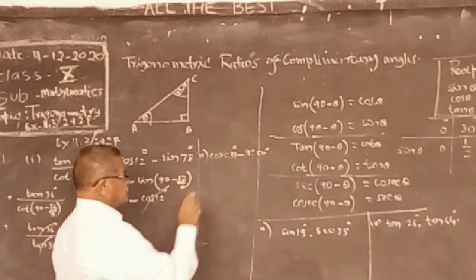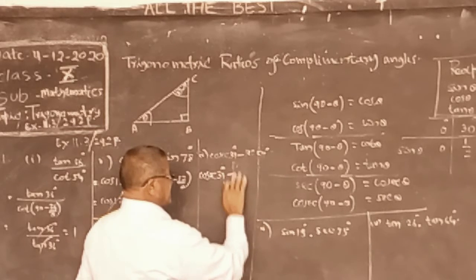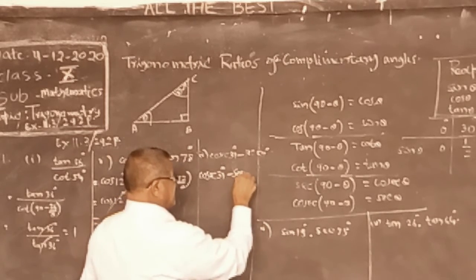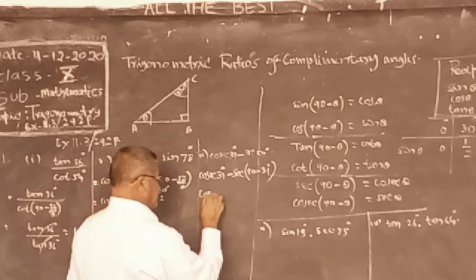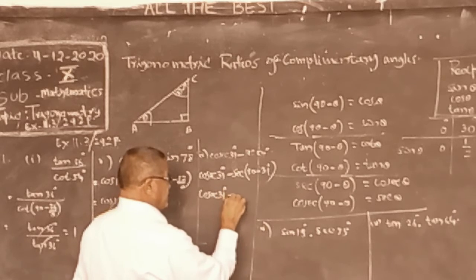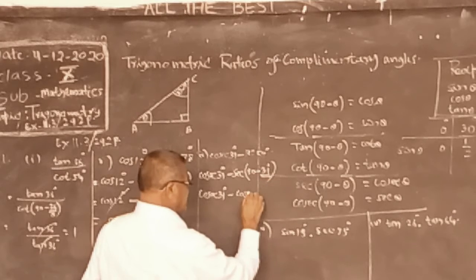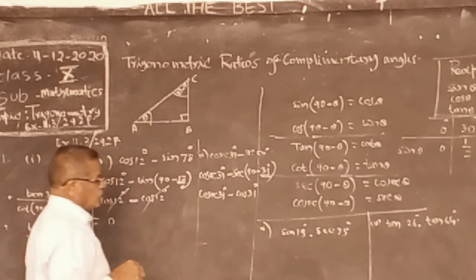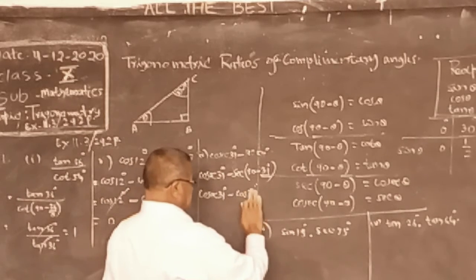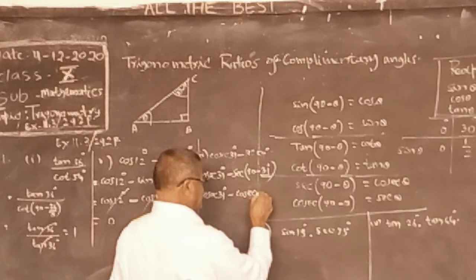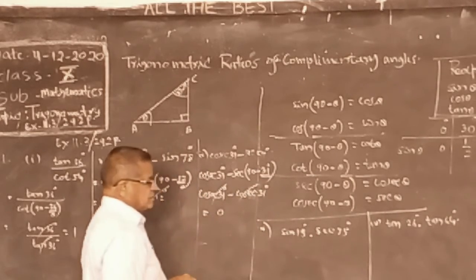And here also, cosec 31 degrees minus sec of 90 minus 31 degrees. Sec 90 minus theta is cosec theta, theta value is 31 degrees. Cosec 31, and both are the same with different sign, cancel to 0.